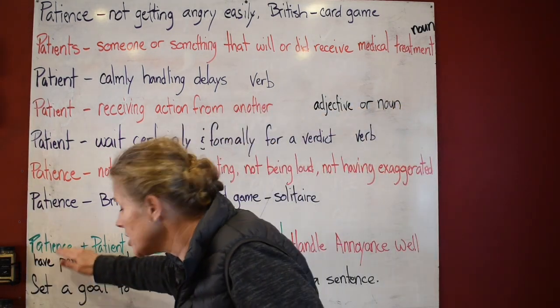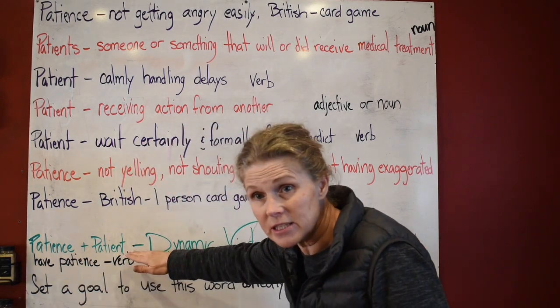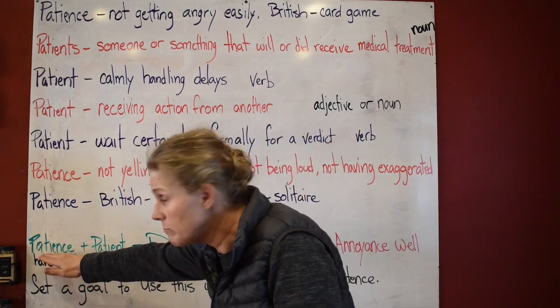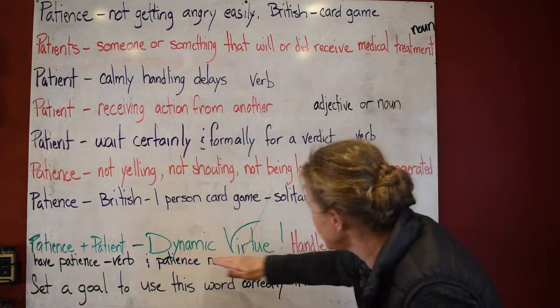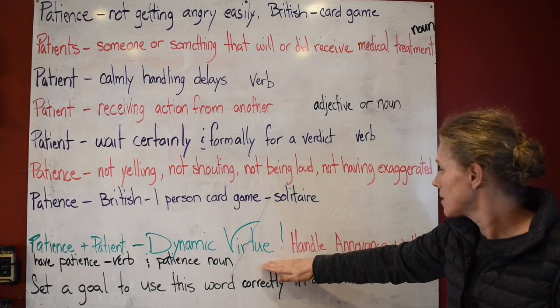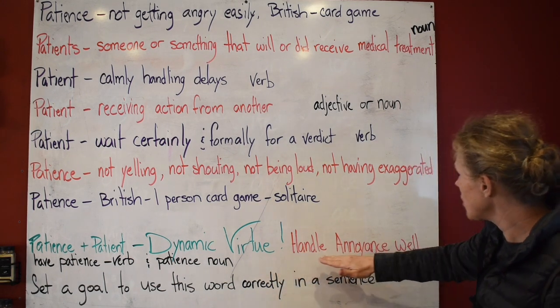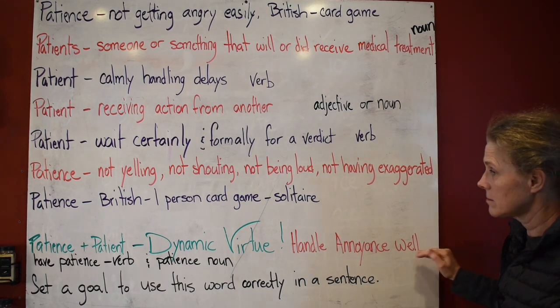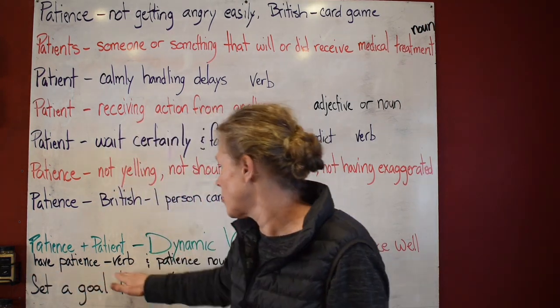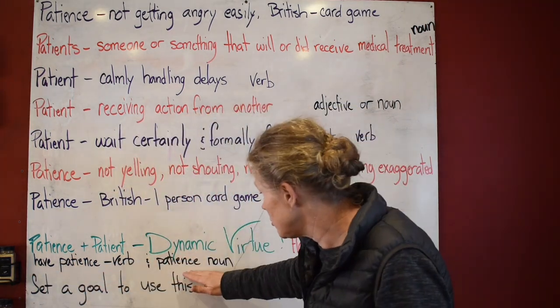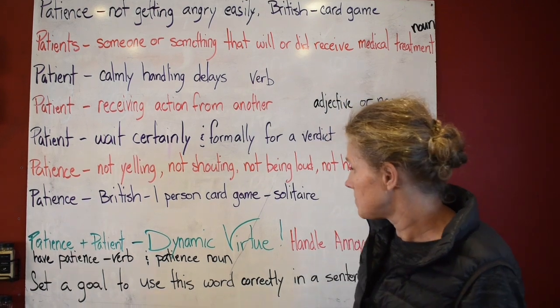But patience and patient, they are a dynamic virtue, because you're handling annoyance well. If you say have patience, you know it's a verb. And you can use patience as a noun.